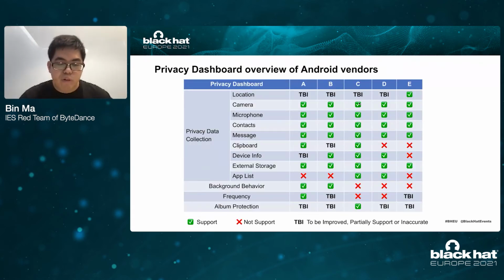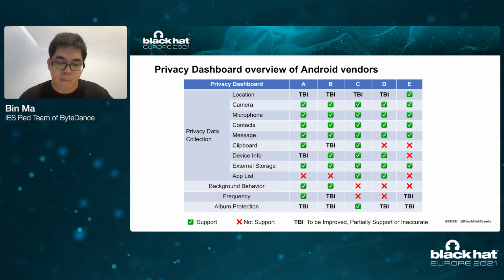This is an overview of the vendors' dashboards. We classify 4 dimensions: data collection, background behavior, frequency, and other custom protections, covering 5 vendors. From the table, we can see that most vendors support basic data monitoring like camera, microphone, contacts, but none of them support it fully.